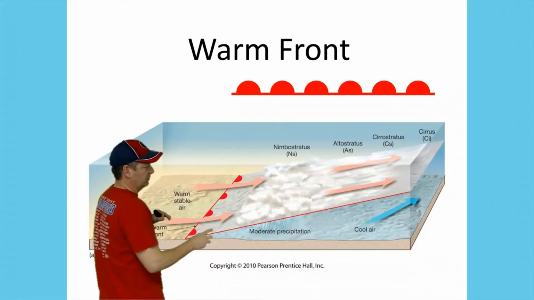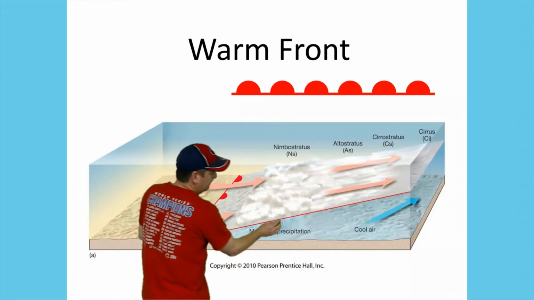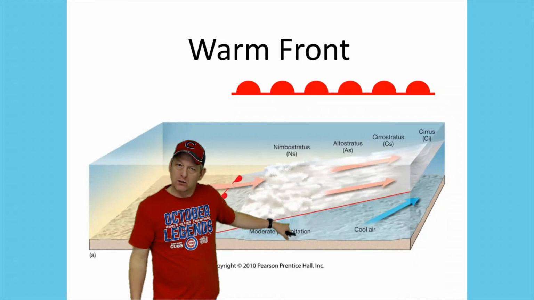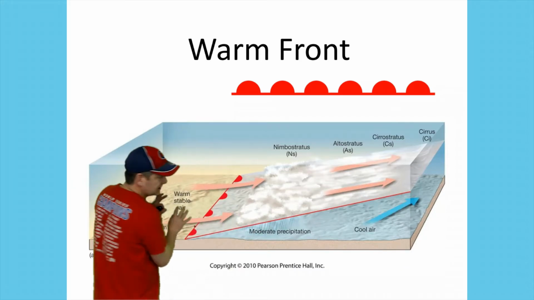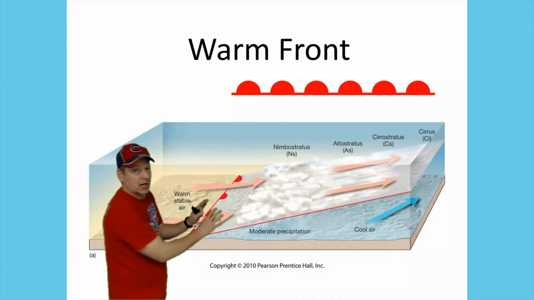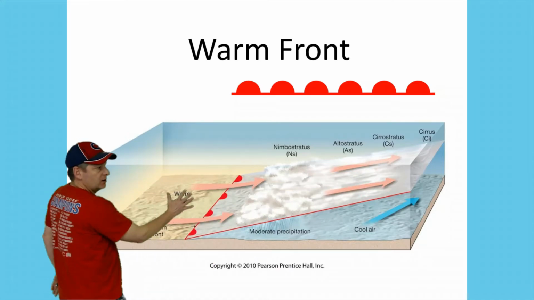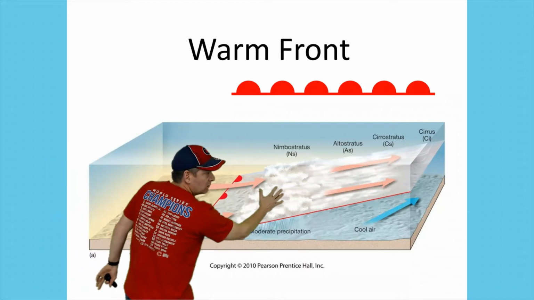Now, one thing that you'll notice, I like warm fronts, because usually what happens is that you're over here and you're in the cold. All of a sudden the rain starts coming down, and as this warm front comes through, you've got to remember, this is cold air, this is warm air. Notice up in the sky, there's no clouds. All the clouds are over here.